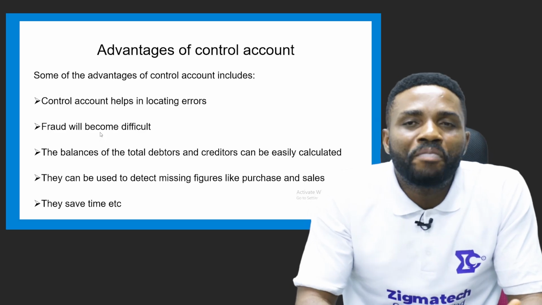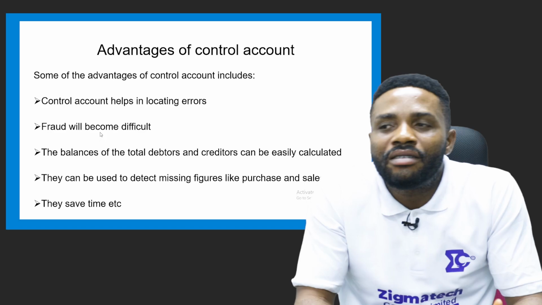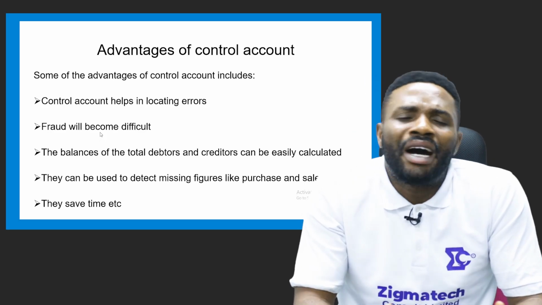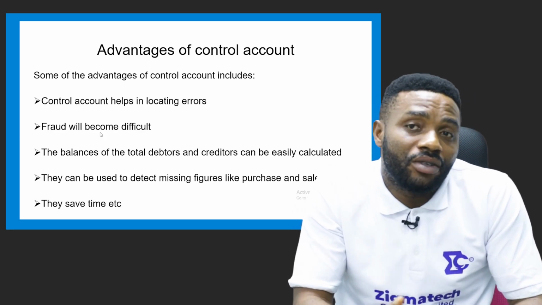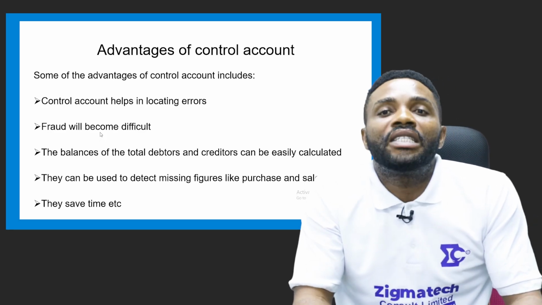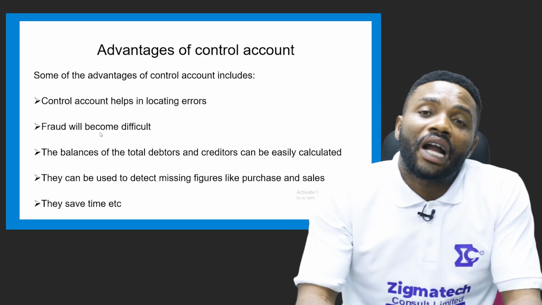And then too, some persons, maybe the sales girl or the sales agent, might even manipulate the records. They can even omit some transactions for personal reasons. Four persons can buy on credit and he can decide to record 3 if there is no control account.